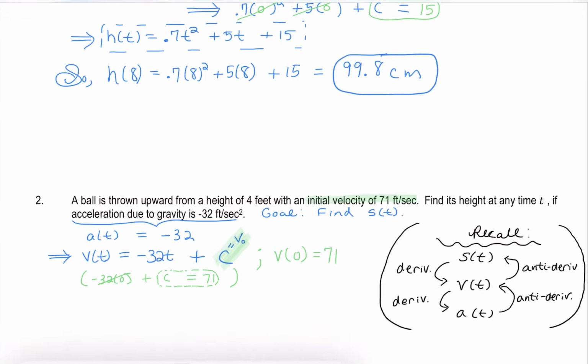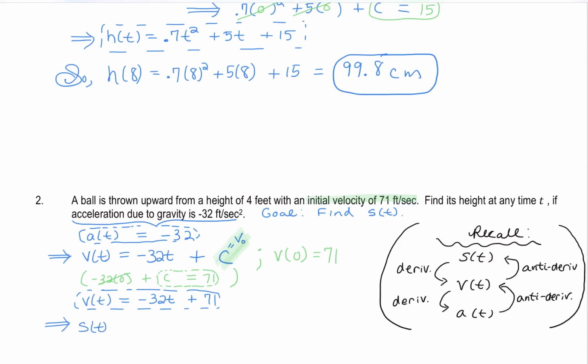All right, so here's what we now know. We now know that v of t is equal to negative 32t plus 71. Okay, so we started with our acceleration. We now have velocity, and we now need to take its antiderivative to get back to the position function.